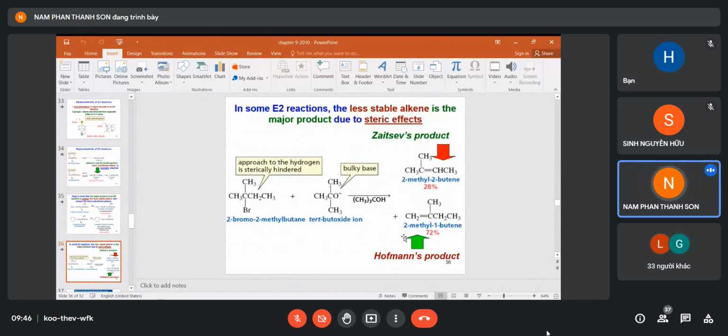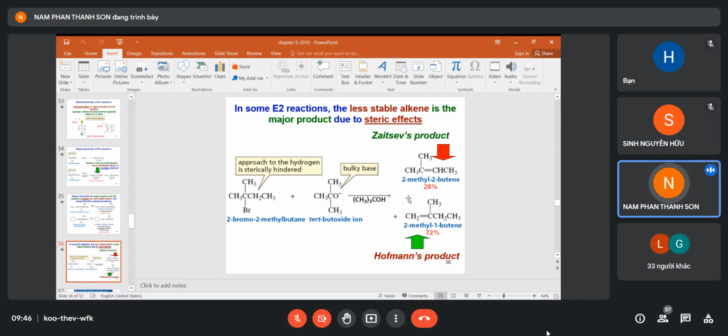However, if the base is big, and how big is big? I already told you. T-butyl is big. So tert-butoxide is a big base. If the base is big, the reaction will go with the less steric way.